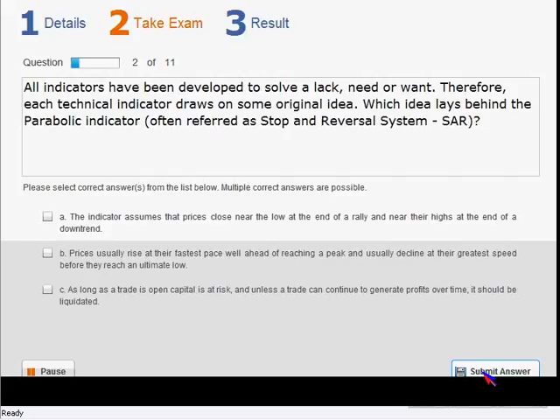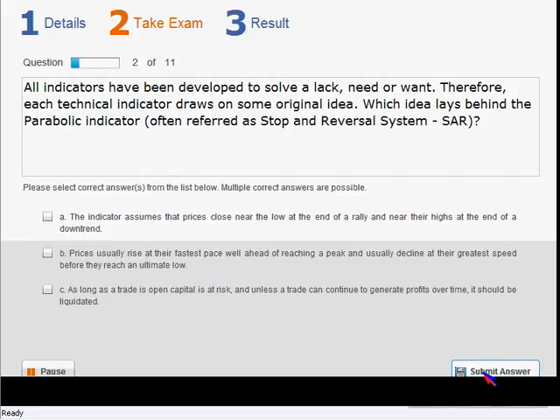Okay, the second one says all indicators have been developed to solve a lack, need, or want. Therefore, each technical indicator draws on some original idea. Which idea lies behind the parabolic indicator, often referred to as the stop and reversal system, the SAR? The first one says the indicator assumes that prices close near the low at the end of a rally and near their highs at the end of a downtrend.